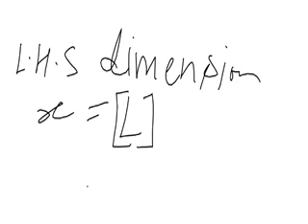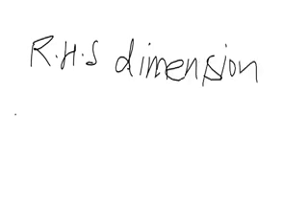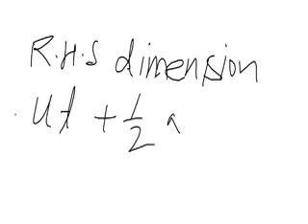Now we can go to the other side, the RHS dimension, that is ut plus half at square.